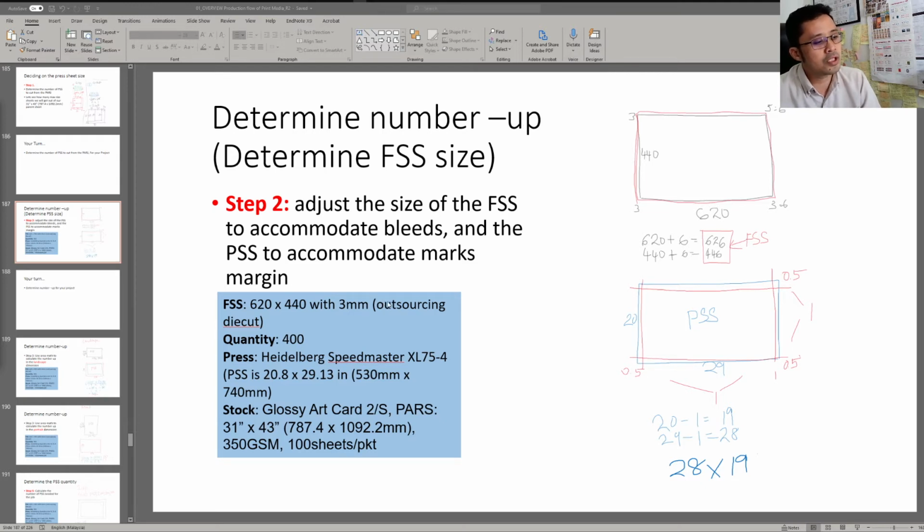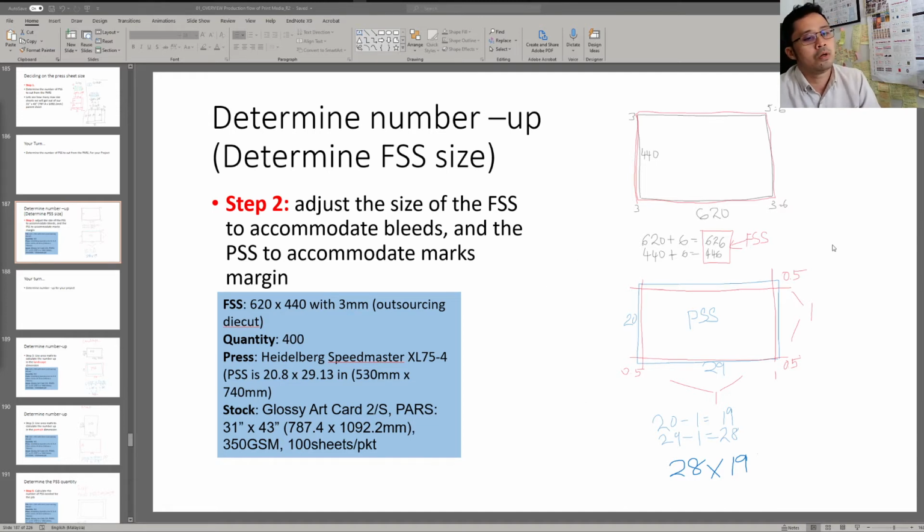Okay. So just now I did mention about my project size 620 times 440 with 3 mm bleed. Lepas tu I did mention earlier about the margin. Tadi quality control marks. Saya cakap apa? Setengah inci all around.